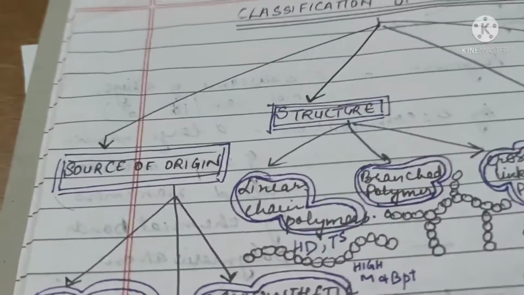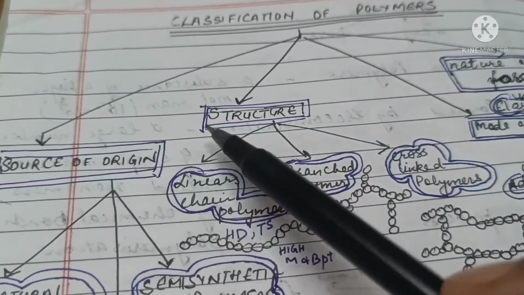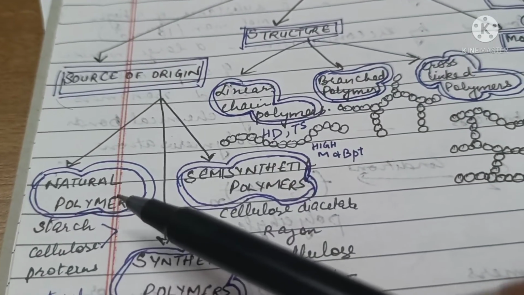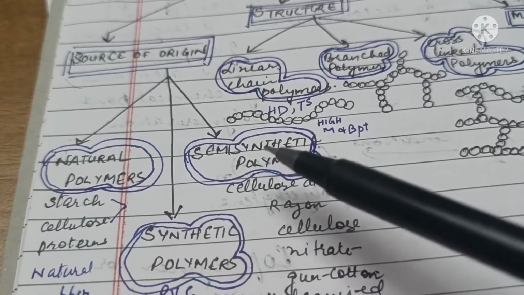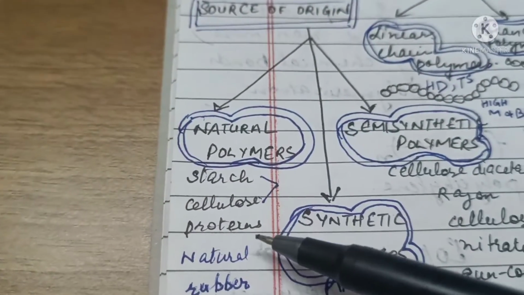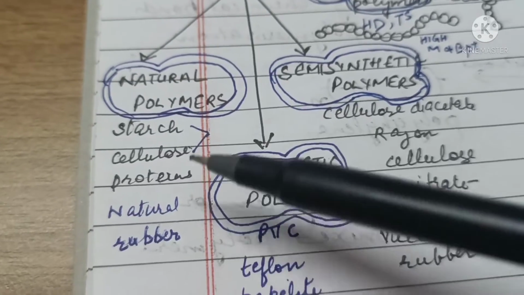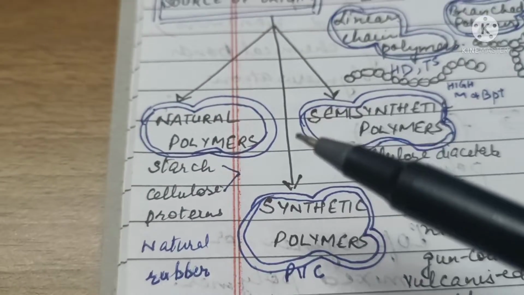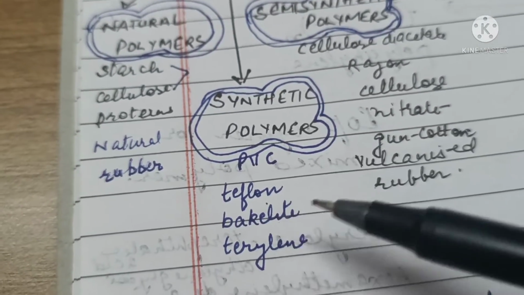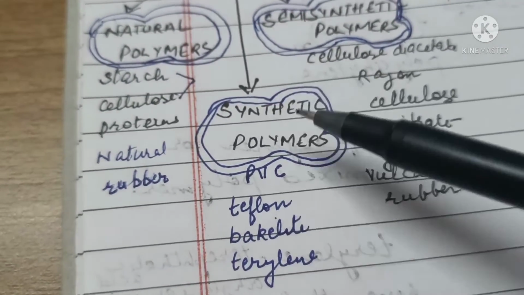Classification of polymers can be made on the basis of source of origin. They can be classified into natural polymers, synthetic polymers and semi-synthetic polymers. Starch, cellulose, protein are examples of natural polymers. Similarly, natural rubber. Polyvinyl chloride, Teflon, Bakelite, terylene are examples of synthetic polymers.